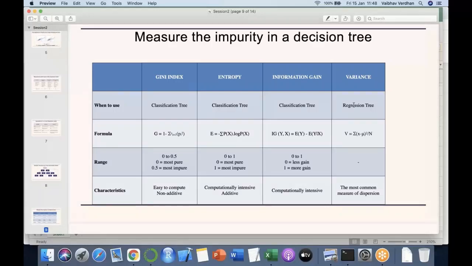What is impurity? Ultimately what a decision tree is trying to do is segregate the data points which are in the same category. That means if they follow a certain rule, they will be in the same category.